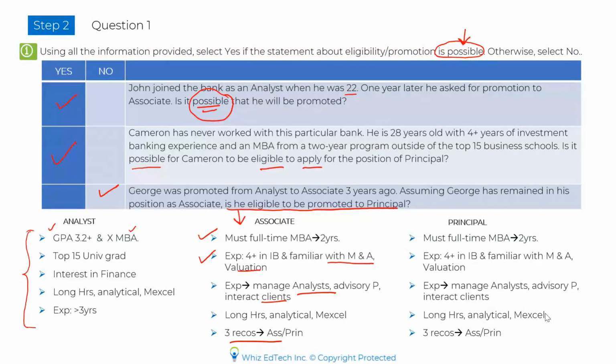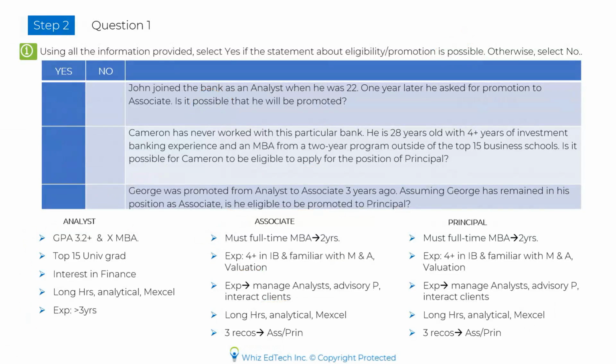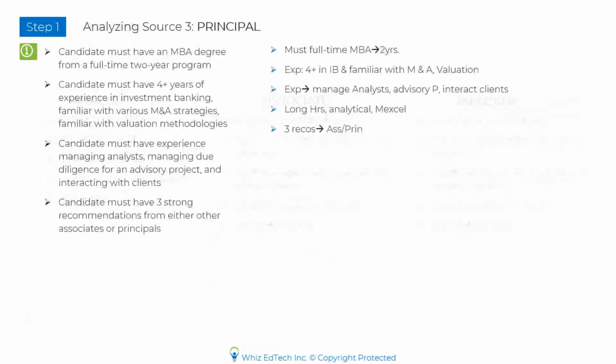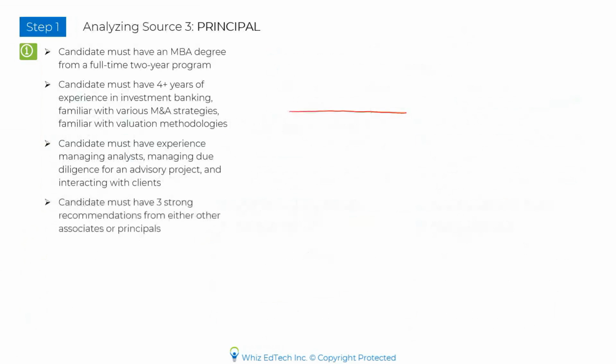Which one, Vivek? Associate in file 4 plus IB and MA and valuations. That's not there in associate. One second, let me just check on that. My bad then. So it's here now. This is there for principal.